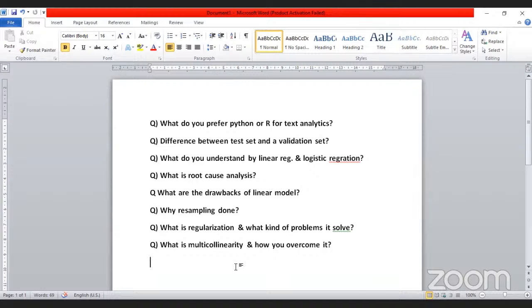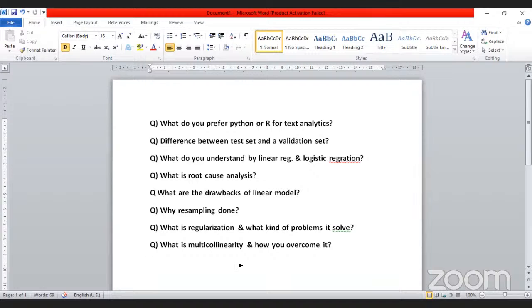We don't want any kind of relationship between our input variables.